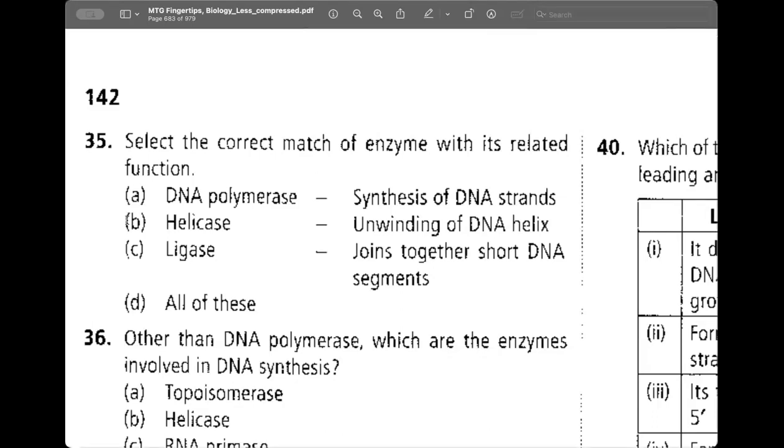Maybe boards won't ask you on specific enzymes. All of these? Yes, that's correct. Very simple. So you took some time out of caution, right? Just to be, yes, sir.